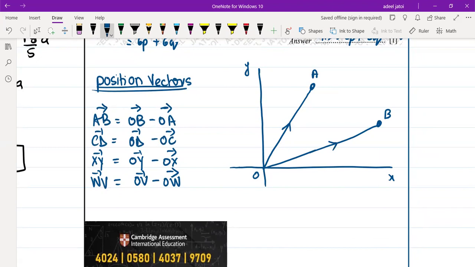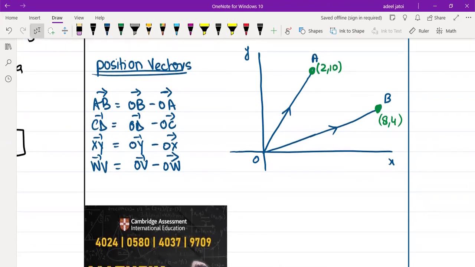Now remember this, that A is a different coordinate and B is a different coordinate. Let's say this is 2 and 10, and this is 8 and 4. Just random.